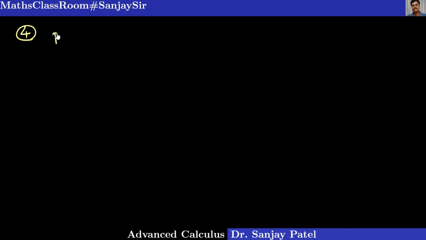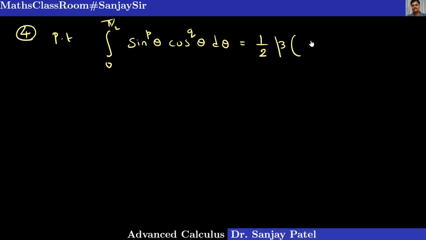Prove that integral 0 to pi by 2 sine raised to p theta into cos raised to q theta d theta is equal to 1 by 2 times beta of p plus 1 by 2 comma q plus 1 by 2. So again another useful result, and the proof of this is very simple. It follows from the previous result, result number 3.